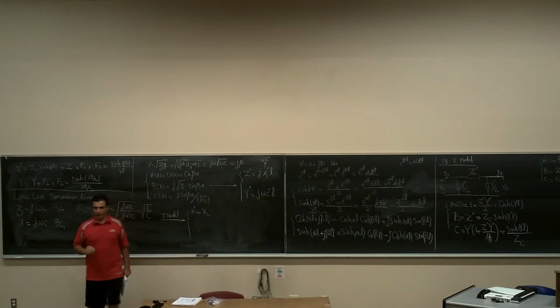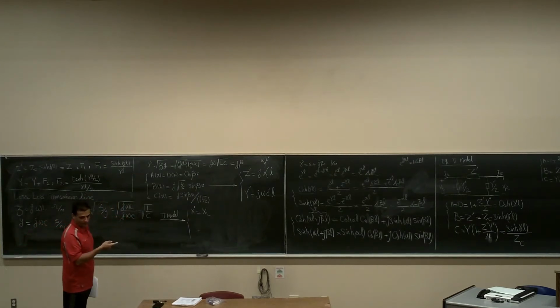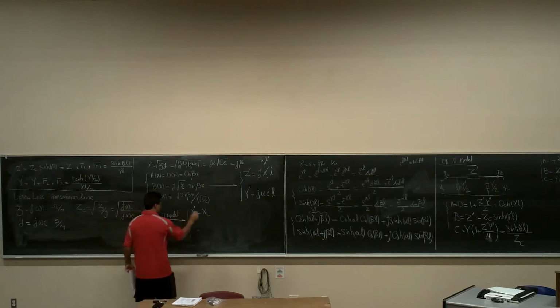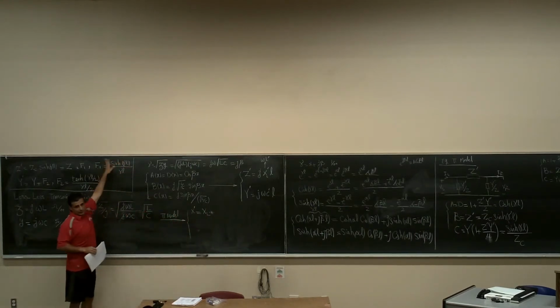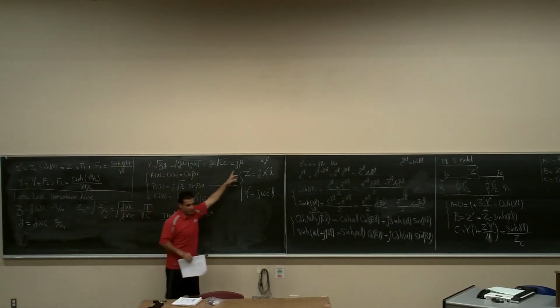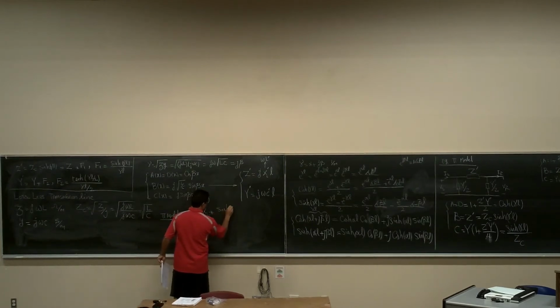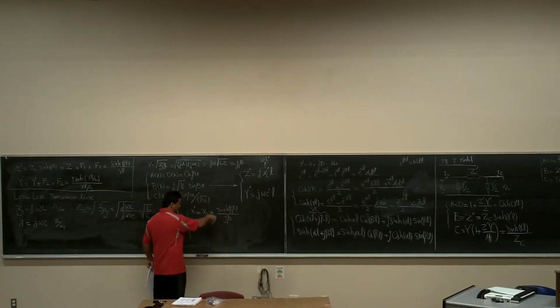This is for the medium line, which is j omega L times F1. What is the F1 here? Gamma has only j beta here, so it is sine hyperbolic j beta over j beta. You can simplify this one.